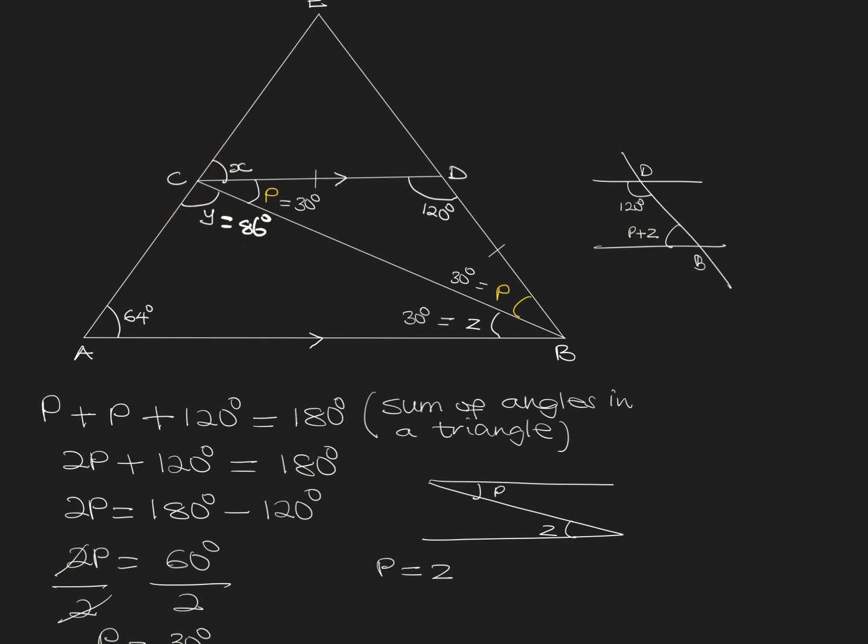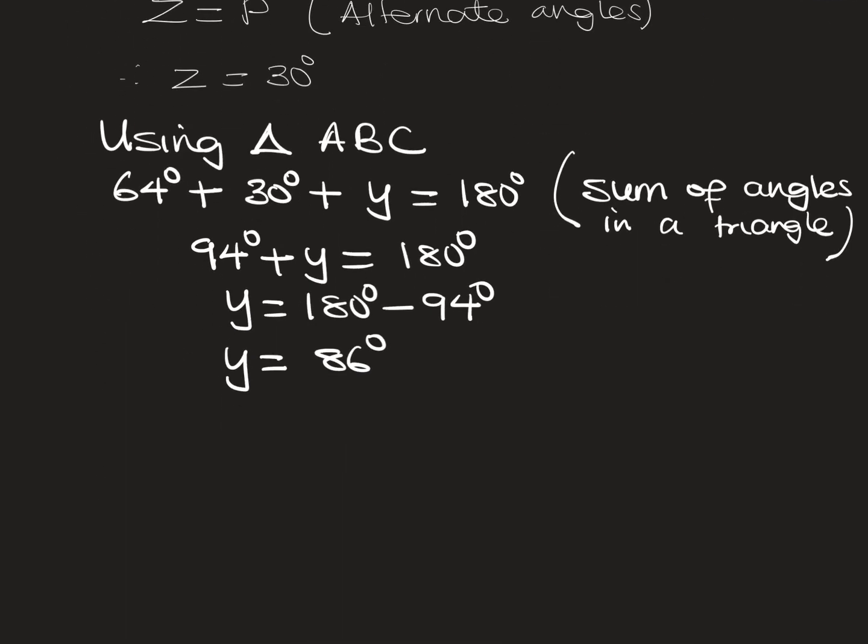But looking at the relationship between X and this angle, you know that they are corresponding angles because if you have two parallel lines and then you have a transversal, let's say this is A, this is C, this angle which is X here and this angle which is 64, they are corresponding angles, all right? So we can use both methods to find the value of X. So we can say X is equal to 64 degrees because of corresponding angles.